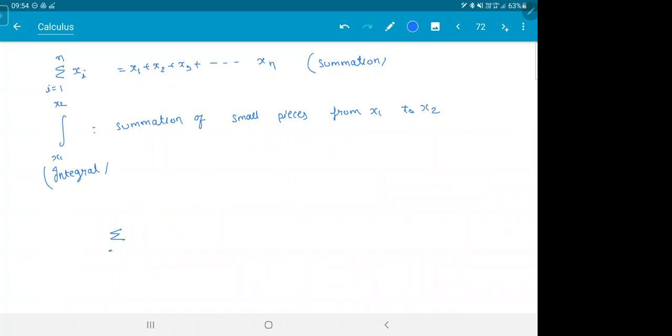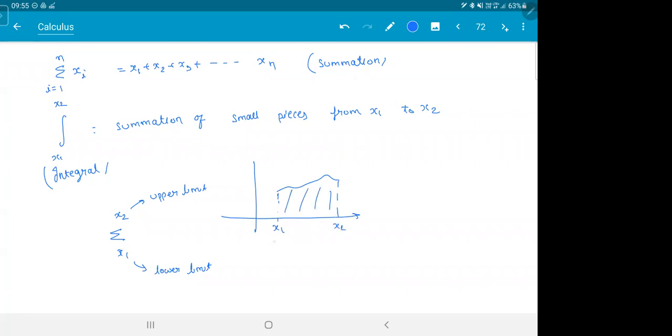So in this, when you wrote xi from x1 to xn, this is called the upper limit and this is called the lower limit. Basically, if you remember, we are trying to find areas, right? You're trying to find the area from where to where. So this was the lower limit and that was the upper limit.